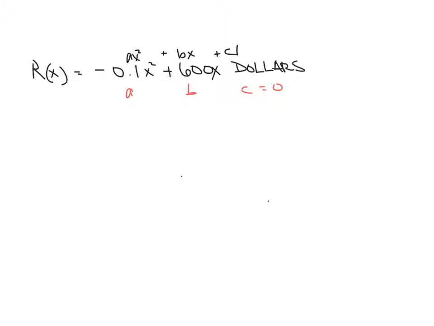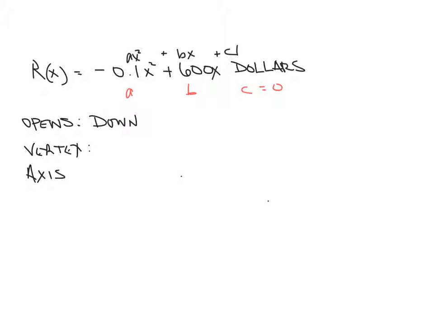All right, so that being the case, we talked about whether it opens up or down, depending on whether or not the number in front of the x squared is positive or negative. Since it's negative, it opens down. We talked about the vertex, and I'm also going to talk about the axis of symmetry.